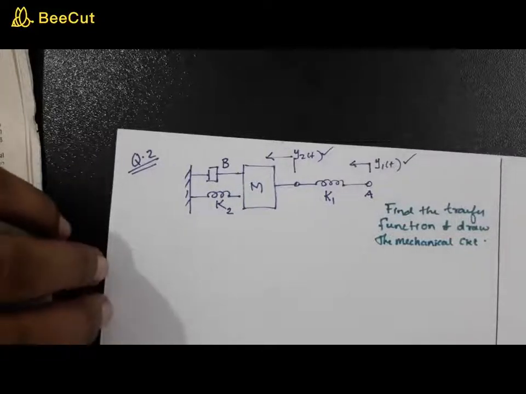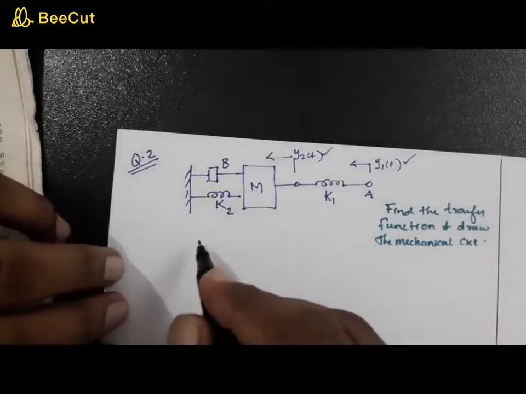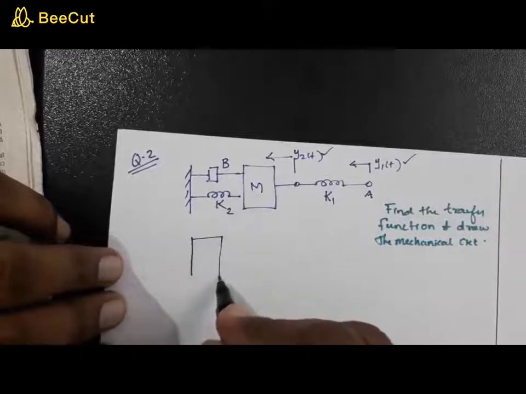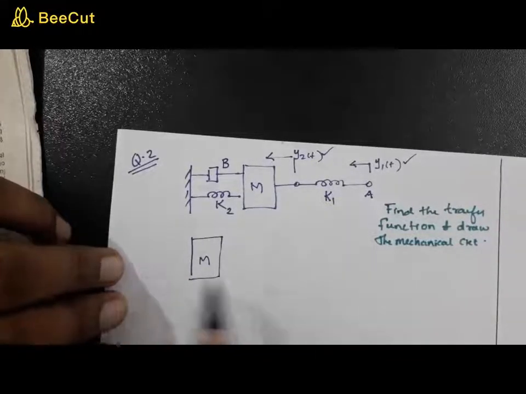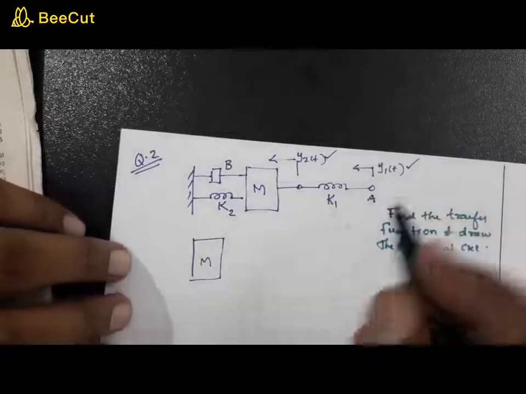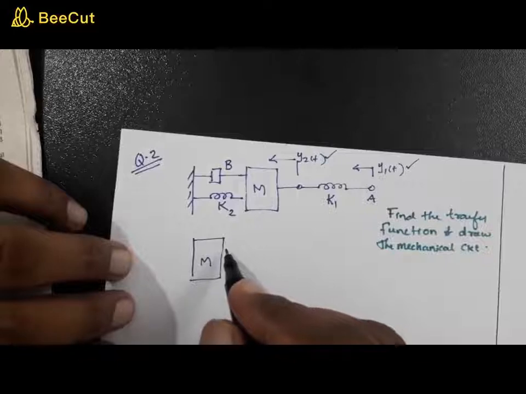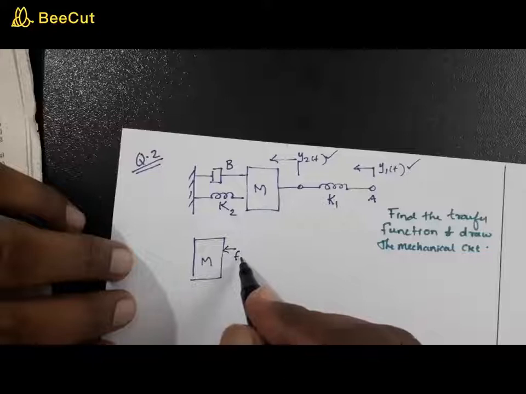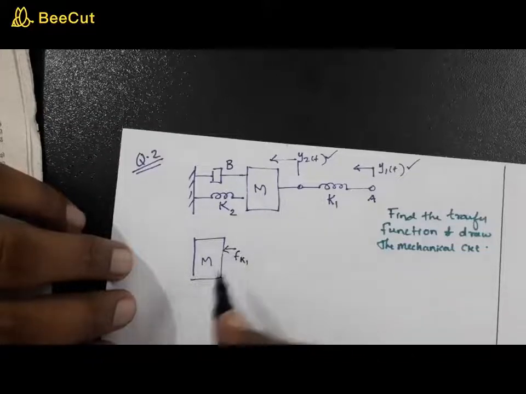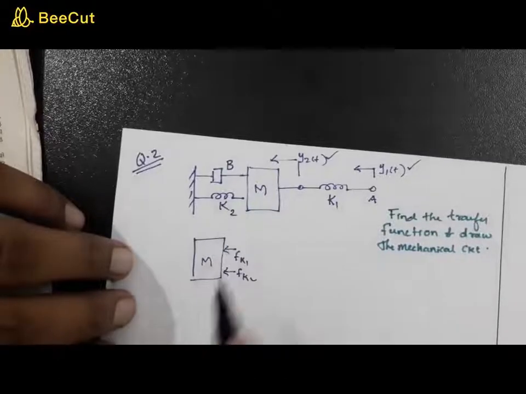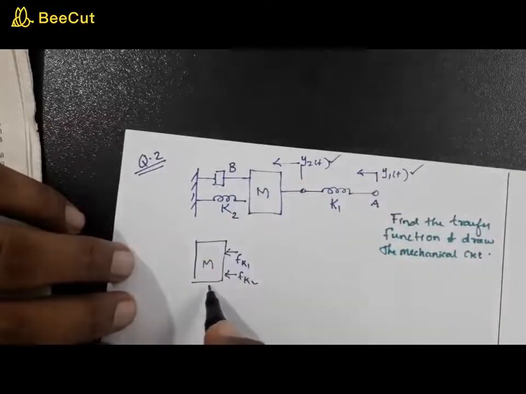Now let's start with, as I told you, the free body diagram. The free body diagram is always related to the mass. Now how many forces are associated with that? No input force is shown in the circuit, so you cannot have any. One force is due to K1, then another force is due to K2, the spring, while another force is due to FB, right?